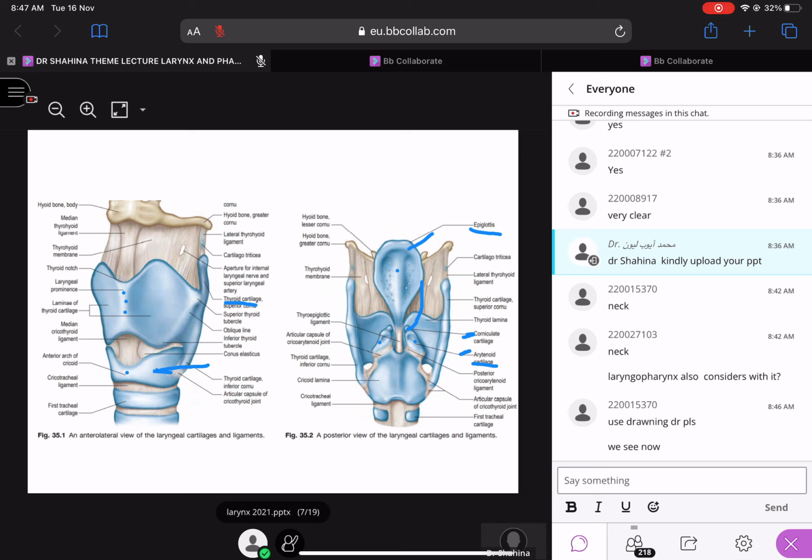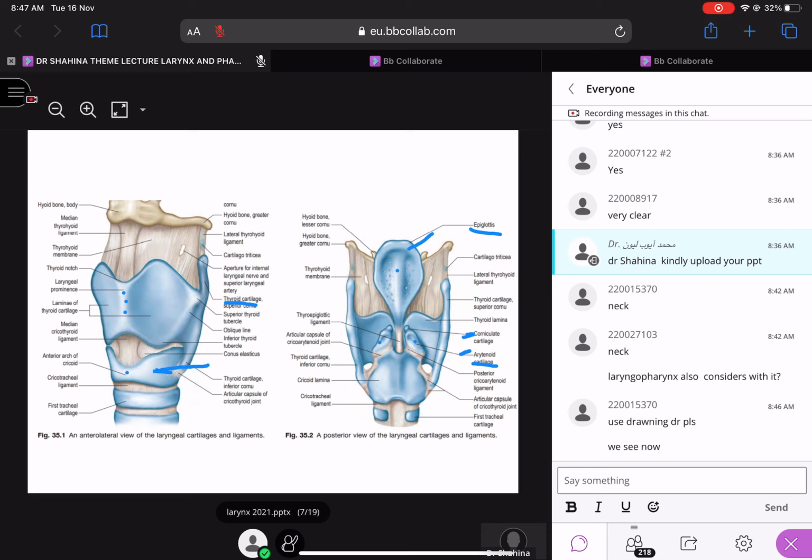It is not shown in this picture. So how many do you have? 1, 2, 3, 4, 5, 6, 7, 8, 9. In total you have 9 cartilages forming the larynx: 3 unpaired and 3 paired.